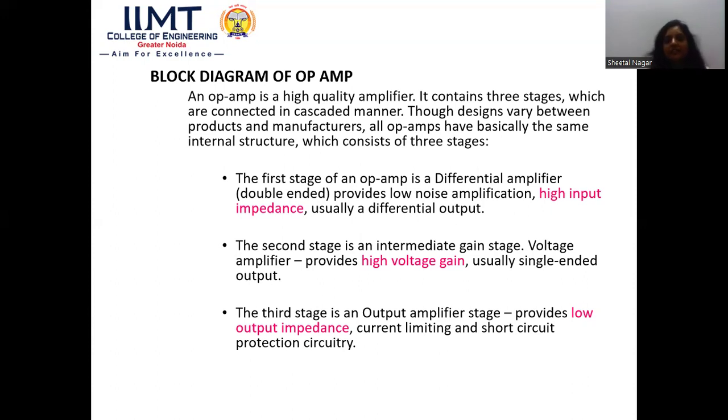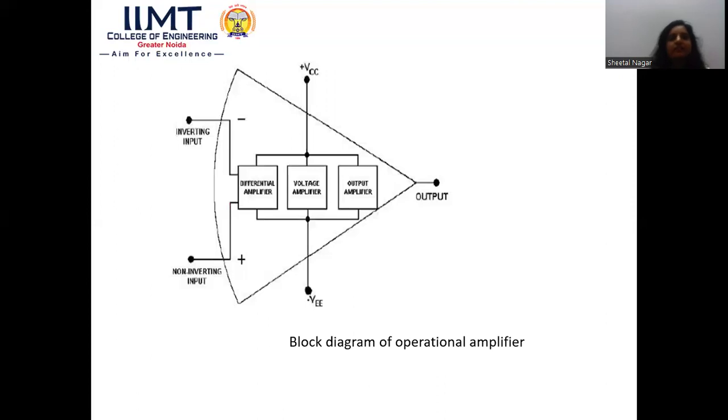Now we will discuss the main stages, and this is the block diagram of the operational amplifier, in which both inverting and non-inverting inputs are connected to the differential amplifier.